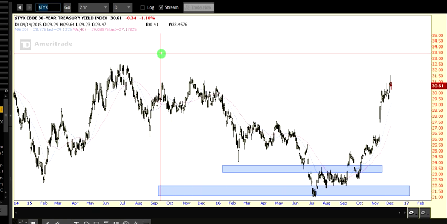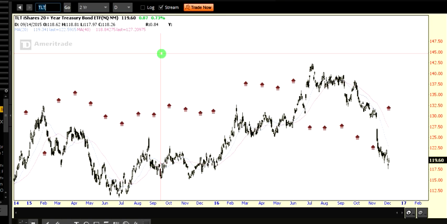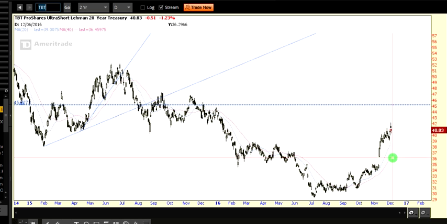If you wanted to invest in bonds or yields, you would invest in the TBT. This is the TBT. It trades just like a stock, so you could buy. You might want to wait for a pullback. If we get a pullback, looking at this chart, we might not even get one, but eventually you'll get a pullback. And if you wanted to bet on higher interest rates and invest in that, you could buy the TBT.